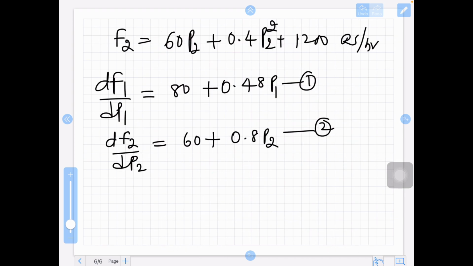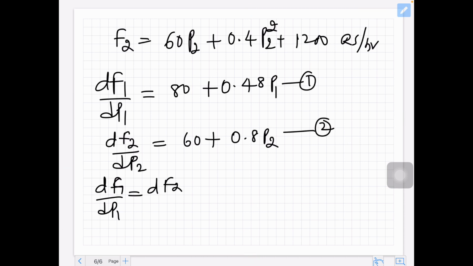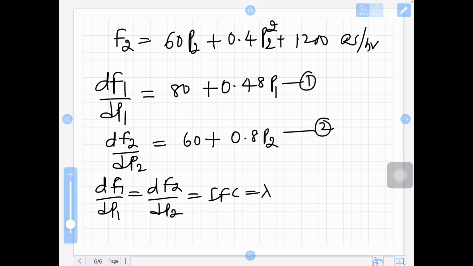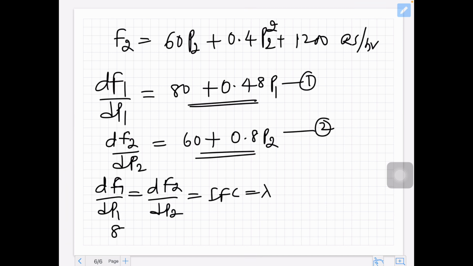Therefore, the condition for incremental fuel cost should be the same as in the previous problem. The incremental fuel costs are the same for both plants. So you equate dC1 and dC2: 80 plus 0.48 P1 is equal to 60 plus 0.8 P2.